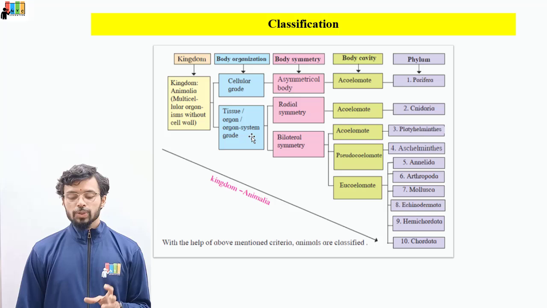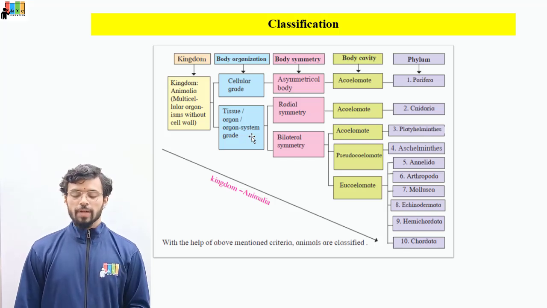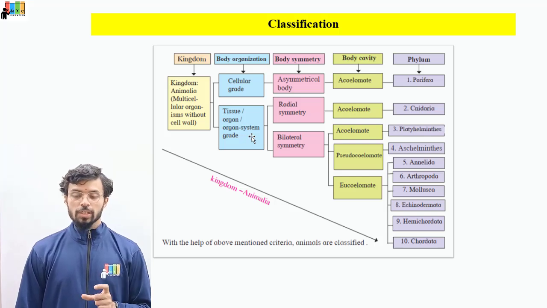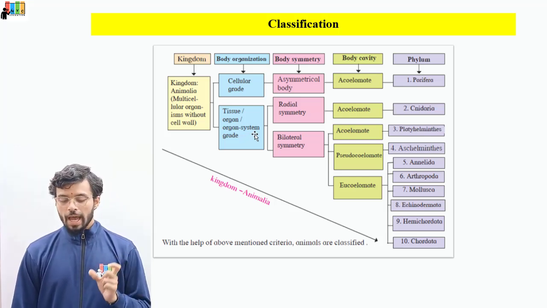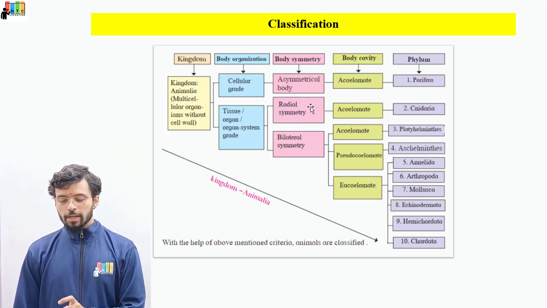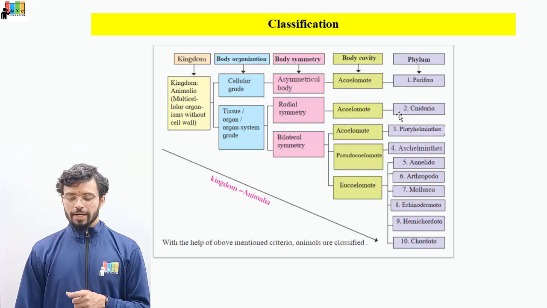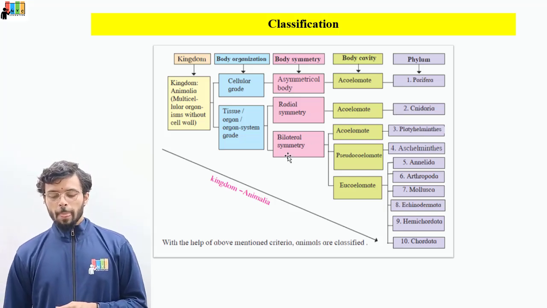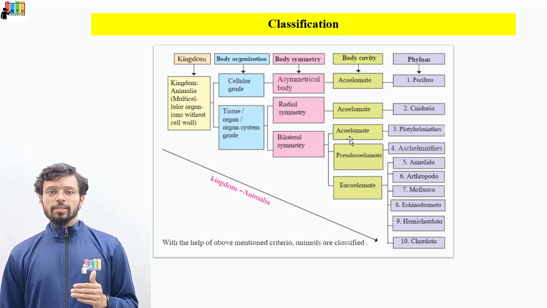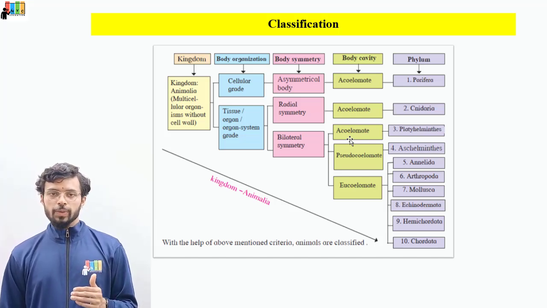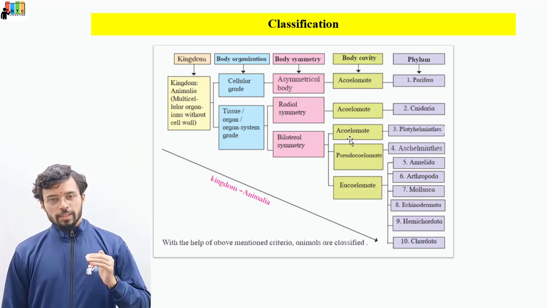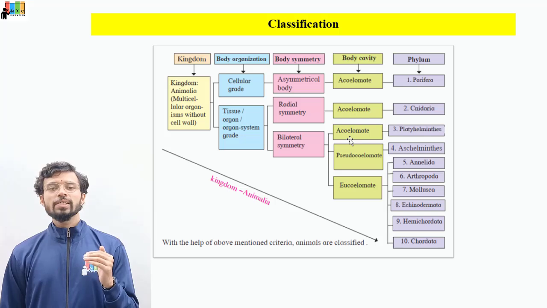Then when it comes to tissue, organ or organ system grade of classification, we have got two major types of symmetry, as I told you, in terms of body symmetry, that is radial and bilateral. So radial symmetry is again shown by acoelomic animals. Examples are cnidarians, right? And then for bilateral symmetry, you have these three coelom organizations, that is acoelomic, eucoelomic, that is true coelom, and pseudocoelomic, right?